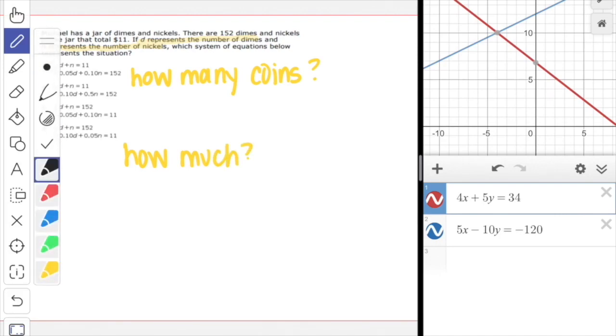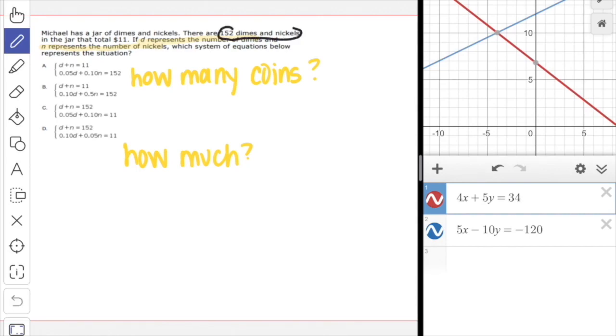So when I look at these two equations, I'm going to start with the how many. So they told me that I have 152 dimes and nickels. So I don't know how many dimes and I don't know how many nickels, but I know that my dimes plus my nickels equals 152 total.